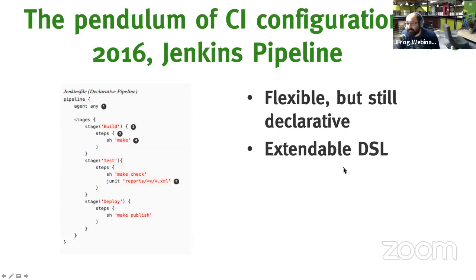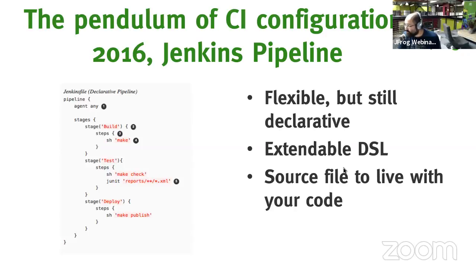It is extendable by plugins, and we're going to talk about that today as well. Your source file lives with your code; this is how it is designed. So it's versionable and branchable. You can do pull requests for that, and all the good stuff that we have with code.